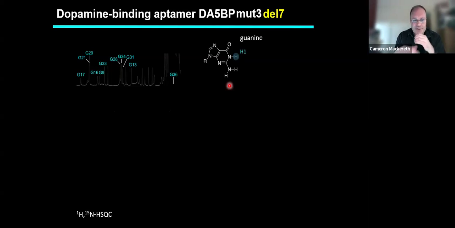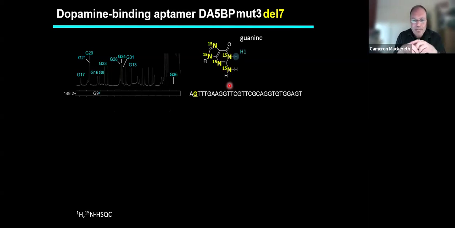And typically what we do is we make the same DNA oligo, but with the isotope nitrogen-15 replacing the normal nitrogen, which is the isotope 14. By doing this, nitrogen-15 is actually very easy to detect using NMR spectroscopy.